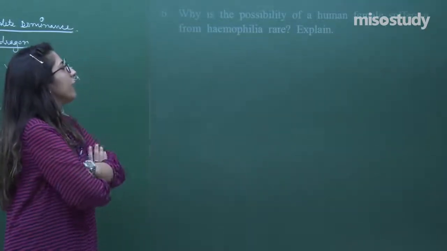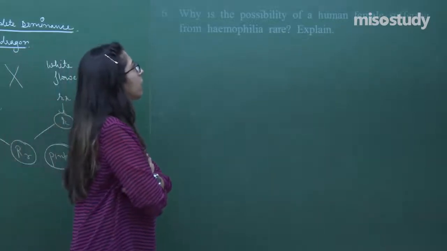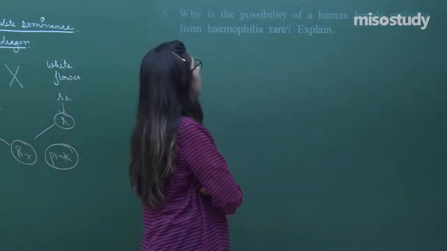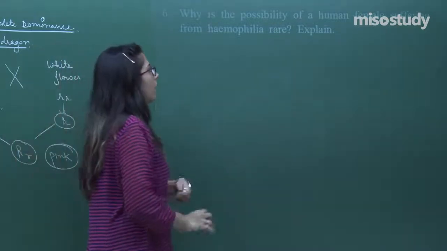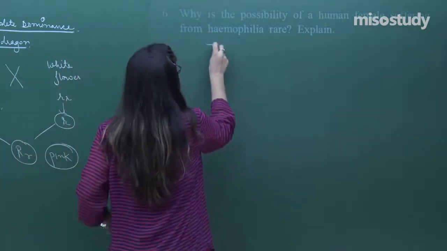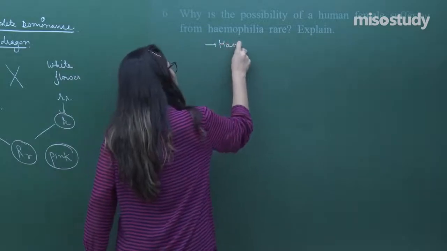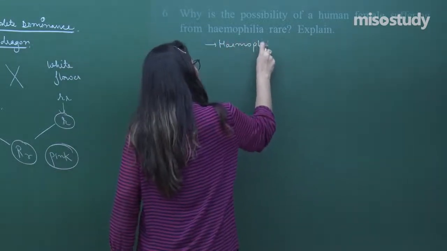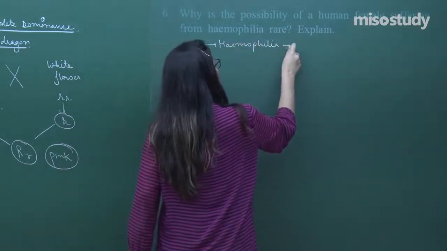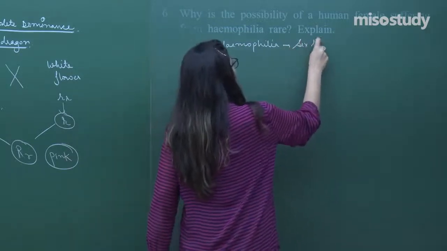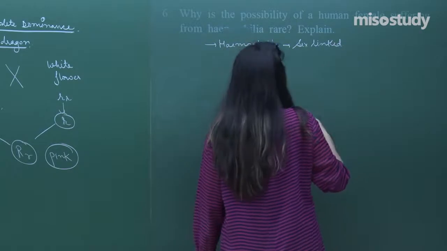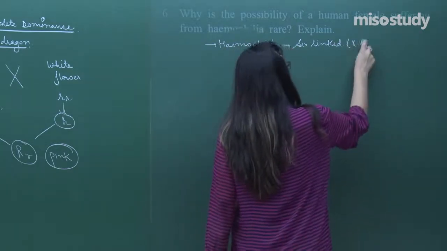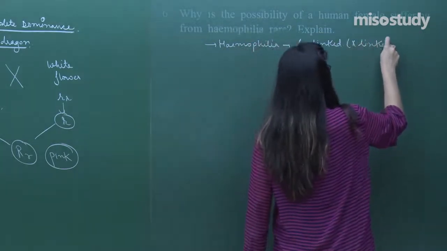Why is the possibility of a human female suffering from hemophilia rare? Explain. Now, hemophilia is what? It is a sex-linked, or actually an X-linked recessive disorder.